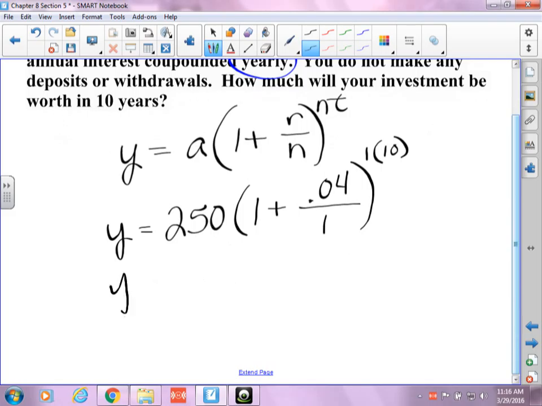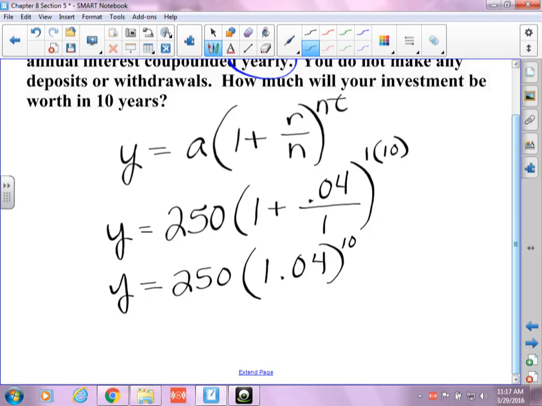So let's go ahead, y equals 250, this is 1.04 to the 10th power. And if you have your calculator today, you might want to take it out so I can teach you how to use it. Okay, so what I did was I took 0.04 divided by 1, which is 0.04. I added 1 to it, so that's how I got the number inside the parentheses.